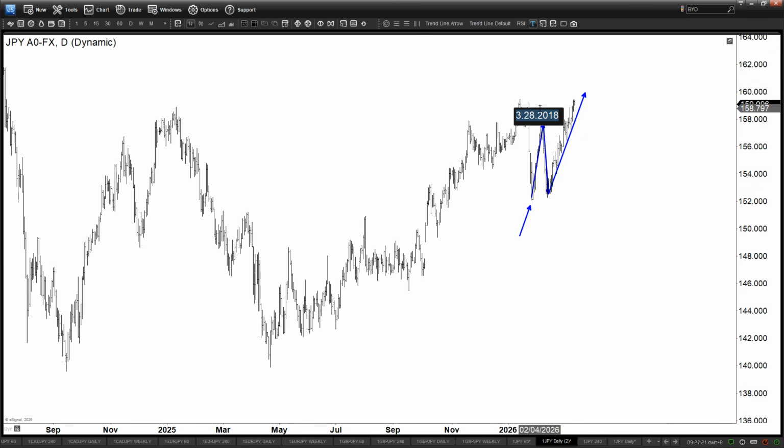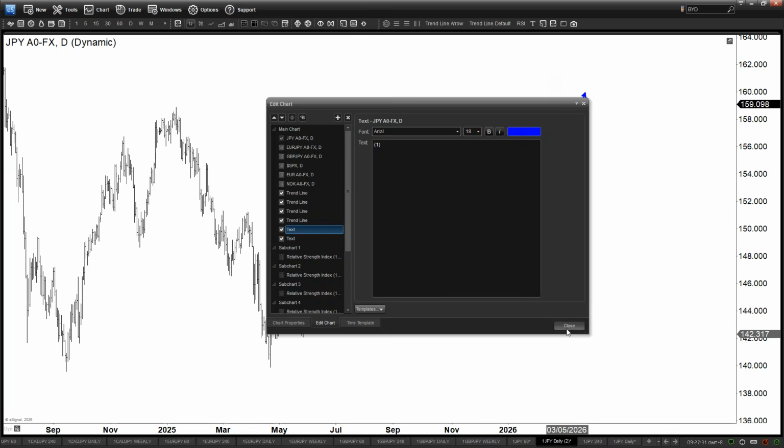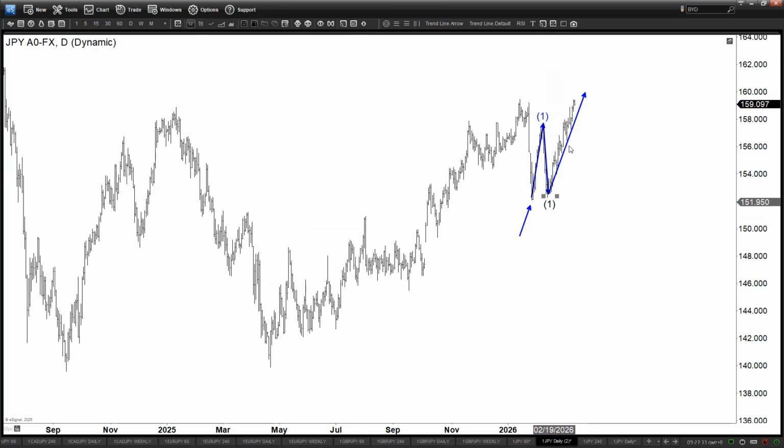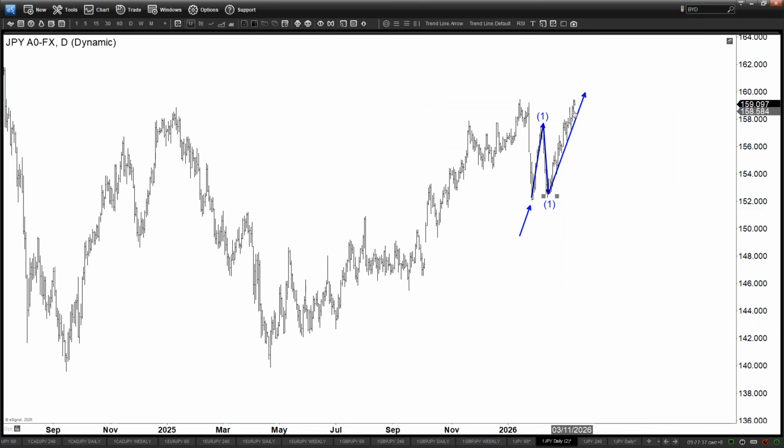I'm going to be labeling this as a 1 in the higher degree, and this is a 2, right? So this is a 2, this is, let's say, intermediate degree here. Okay, so then basically we should be getting close to finishing 3 right now. So as you know, 3 in blue will be subdivided into another 5 waves, right?